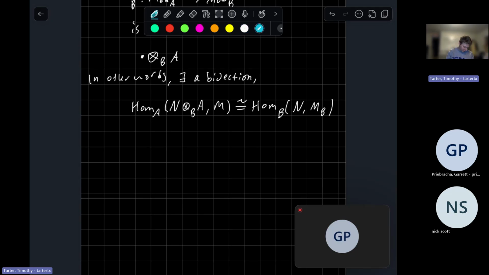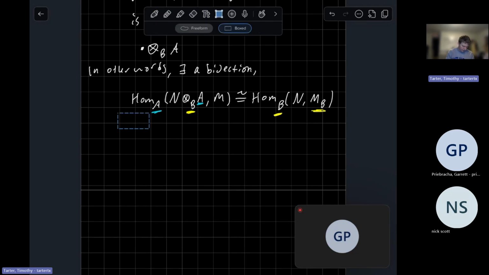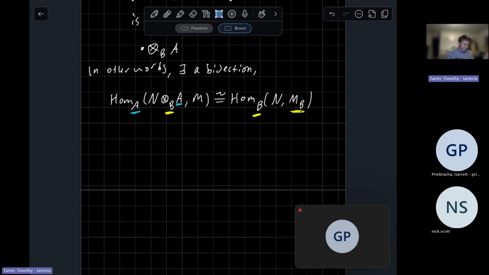So the thing that moves around here, we have our A, this is a B tensor product, and then B modules and B morphisms. And this is kind of an adjoint pair.